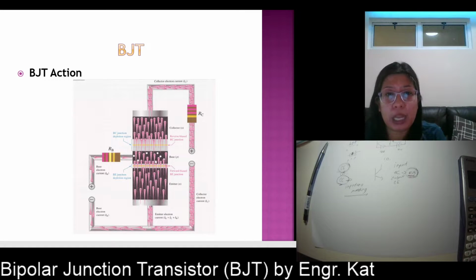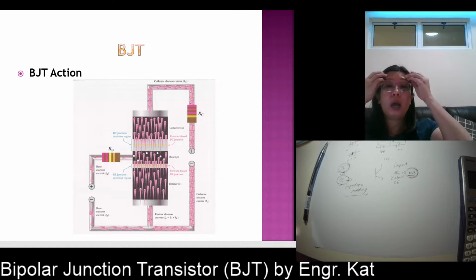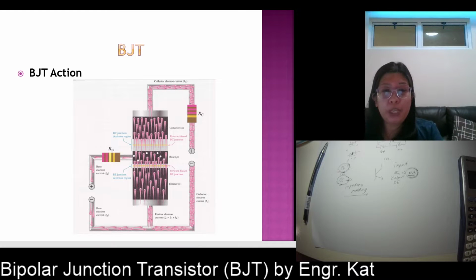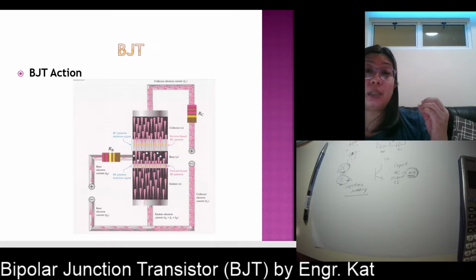At the collector side, since this is also an N-type, the majority carriers are the electrons, and the minority carriers are the holes.